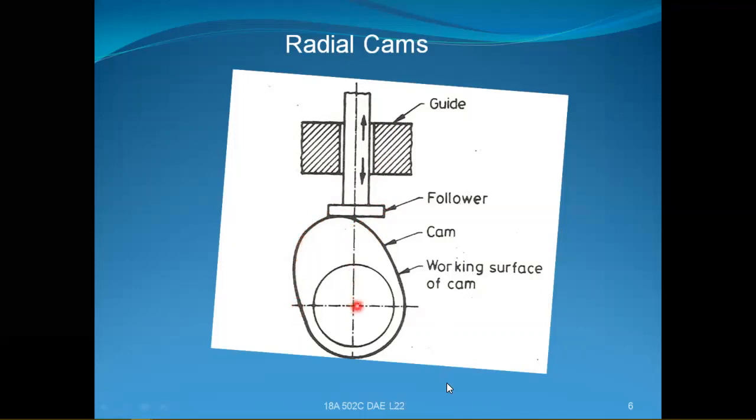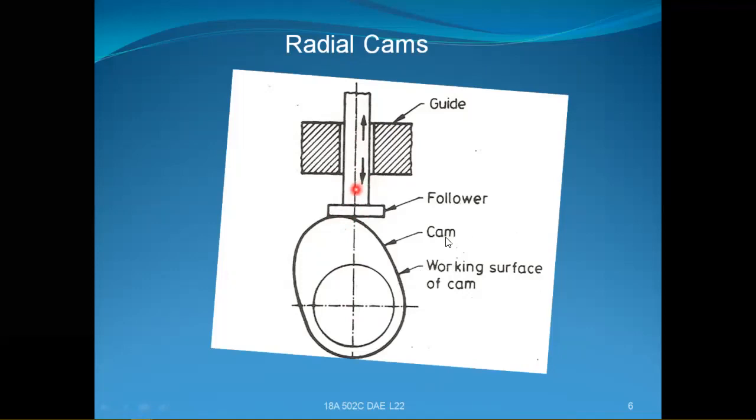From the center, the radial distance at this position is high, whereas at this position it is very low. That means this will be the minimum. So due to this variation in the radial distance, rising and lowering of the follower takes place, which may be either reciprocating or oscillating.